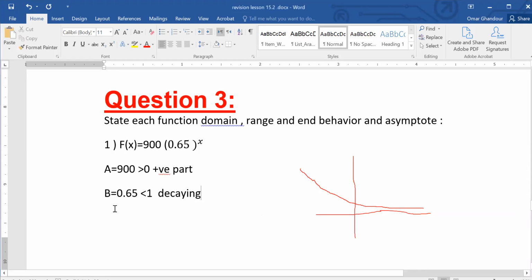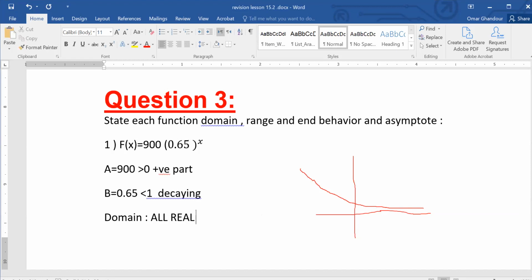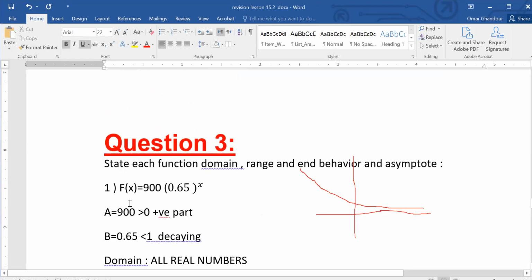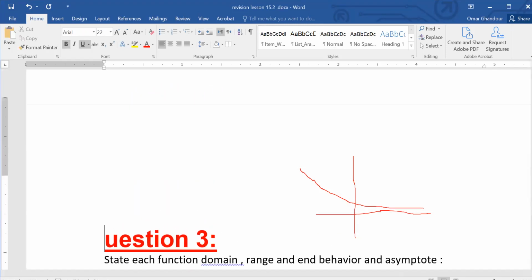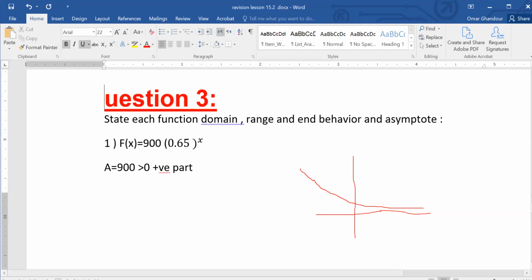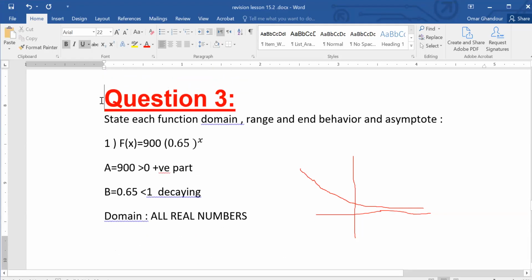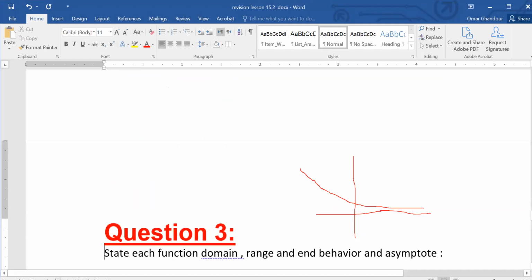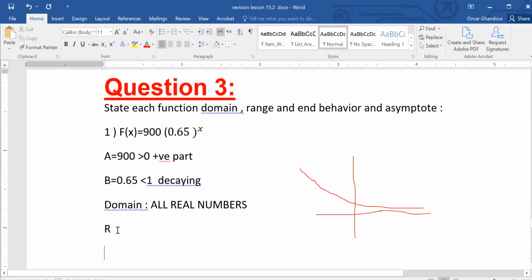So I'm going to tell him that actually the domain is all real numbers, positive and negative real numbers, because this is not a real life situation. What about the range?